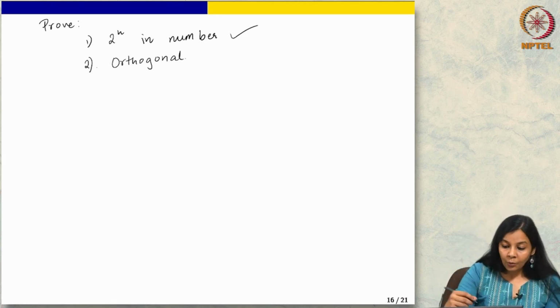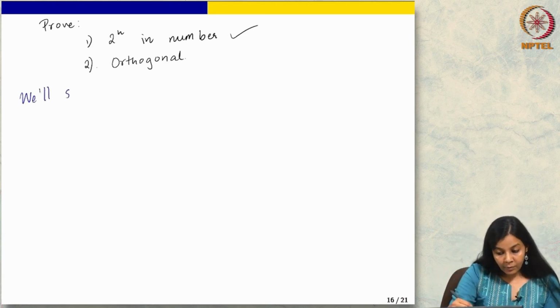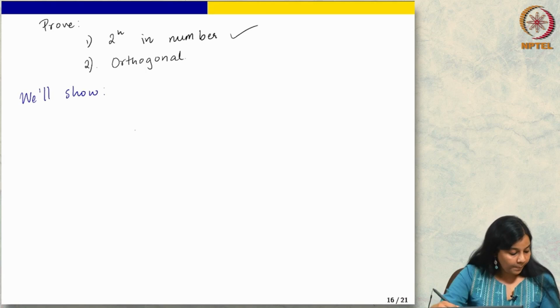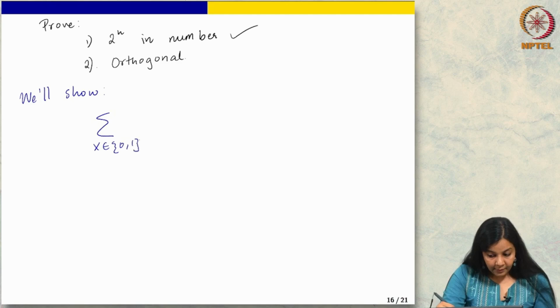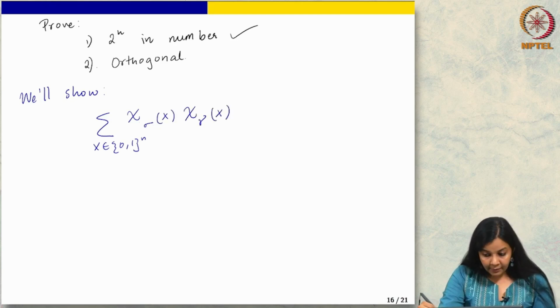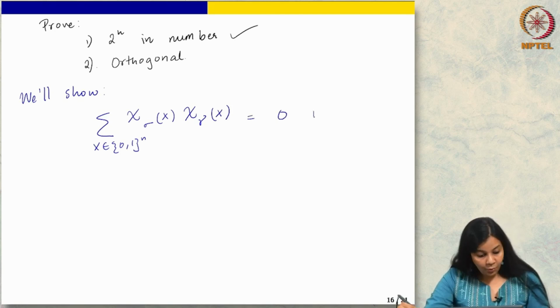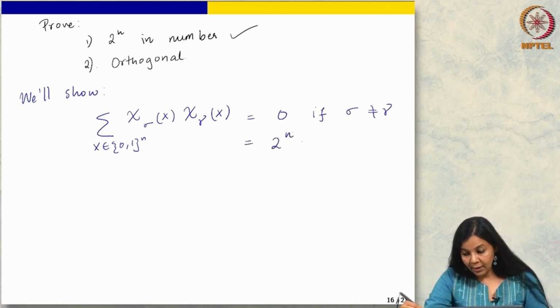What we will show is that the sum over x in {0,1}^n of chi sigma of x times chi gamma of x is 0 if sigma is not equal to gamma, and is 2 to the n otherwise.